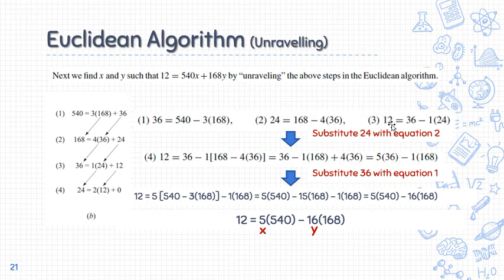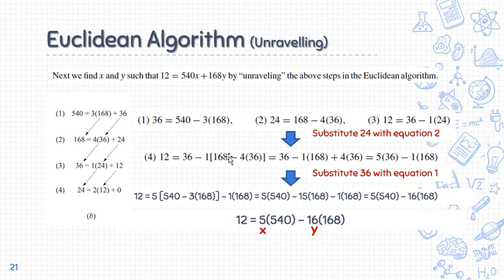Atong buhaton is that if there is a value in 3 that is found in 2, ato to siyang i-substitute. So, as you can see, since naay 24 diri sa 3, and that si 2, it says here nga 24 is equals to this one. Ato na siyang i-substitute sa 24 diri. So, ang nahitabo, nahimo na siya og ani. So, instead of 24 ang atong gibutang diri, kay 24 man di ba?